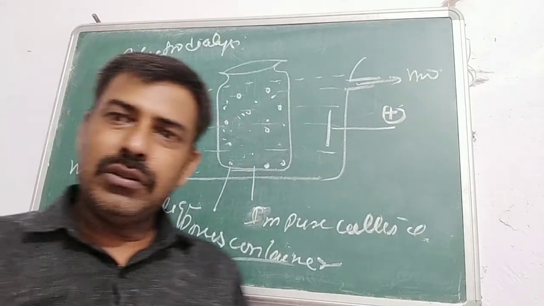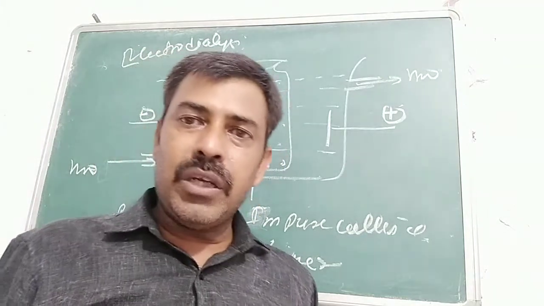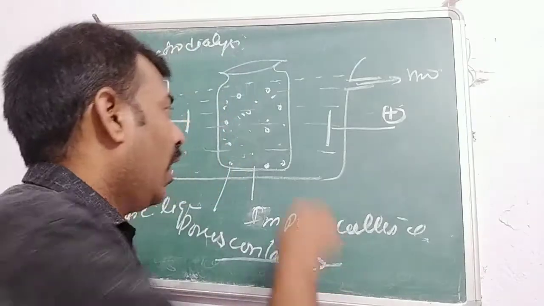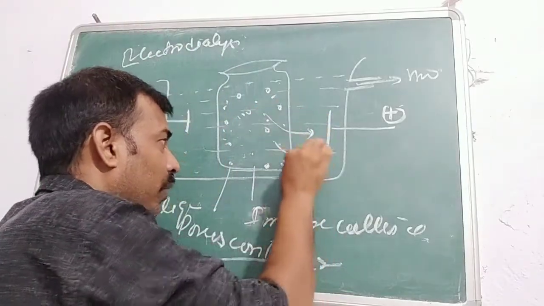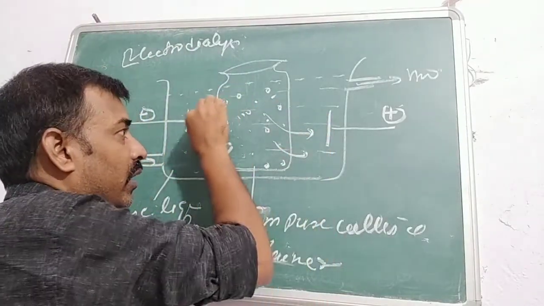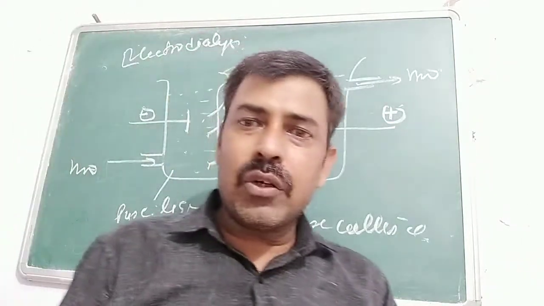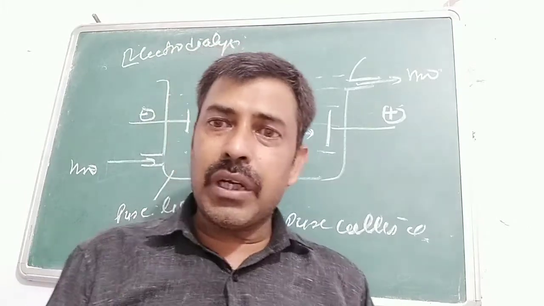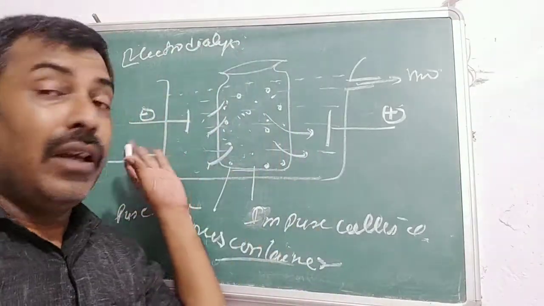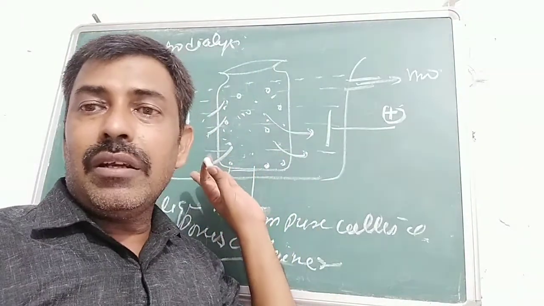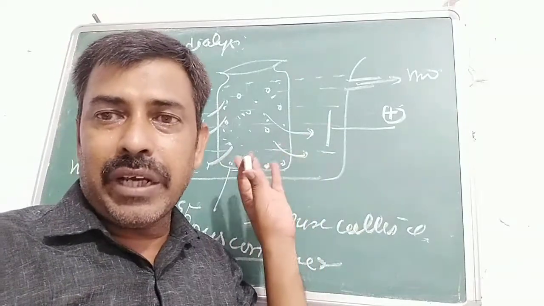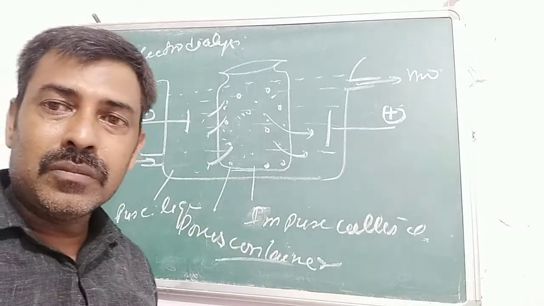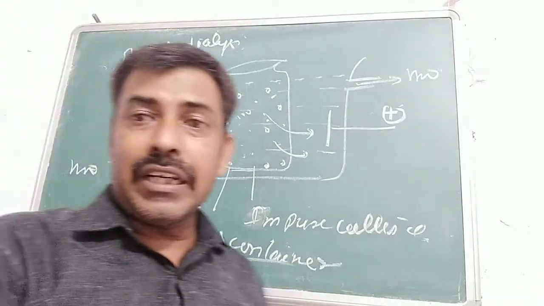Now what happens? The same movement will happen according to diffusion. The electrolytes will move from higher concentration to lower concentration. But as the electrolytes are charged particles, made of cations and anions, the cations and anions will be attracted by the cathode and anode, and as a result the system will increase the rate of the process.